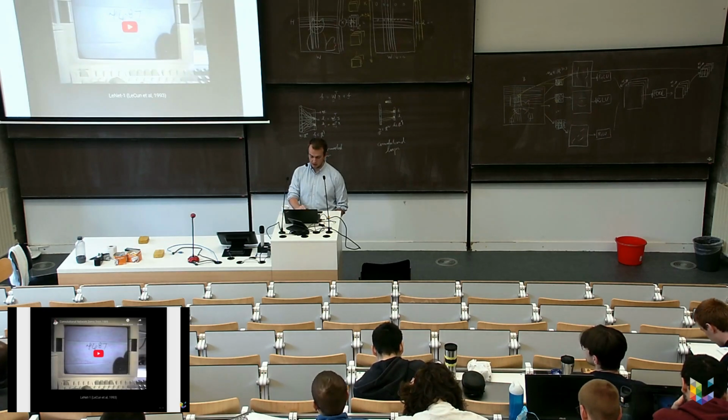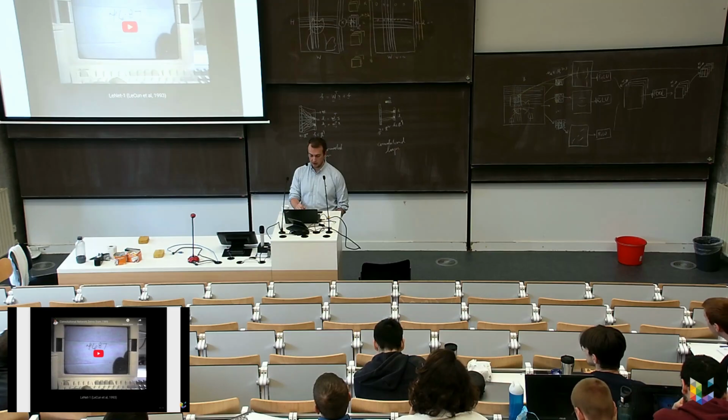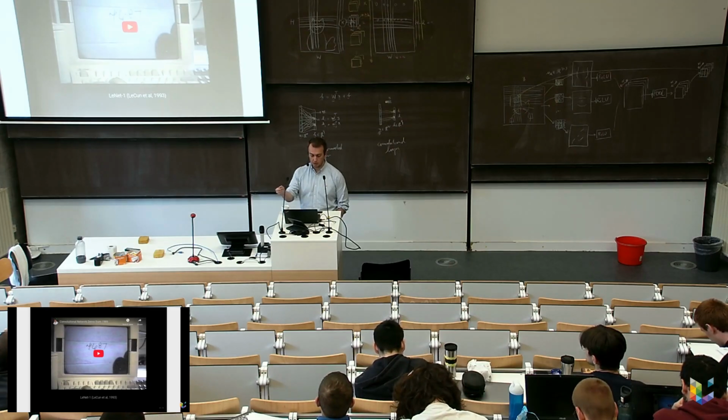So this is a short video showing Yann LeCun at the end of the 80s, showing a piece of paper to a camera, and then applying his CNN to detect all the digits. And you see that it could work for several variations of these digits.